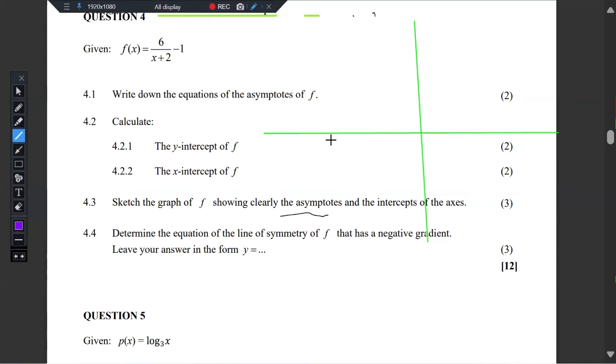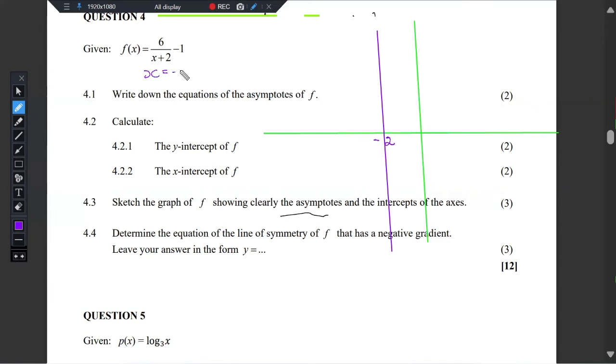So remember your vertical asymptote is at x is equal to -2. Guys, the one that is saying x is actually the vertical asymptote. The one that is saying y is the horizontal asymptote. So do not be confused by the fact that x is horizontal on the Cartesian plane.